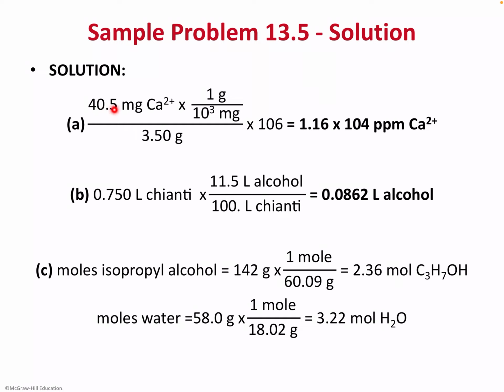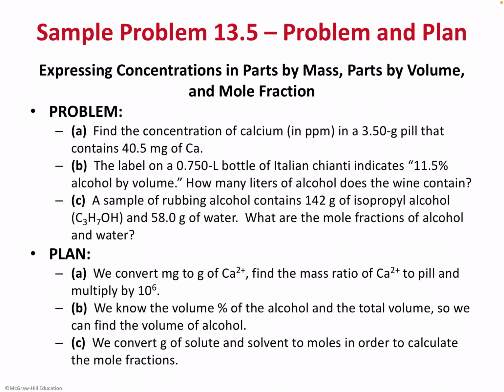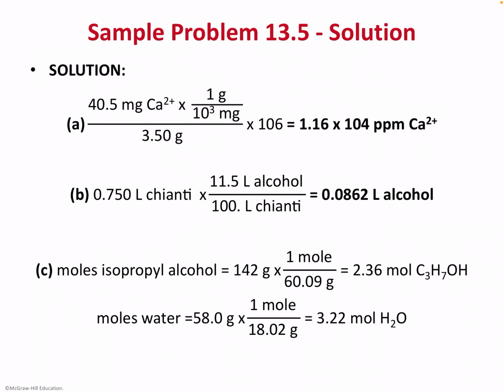First thing, convert 40.5 milligrams into grams. 1 gram is 1000 milligrams. Then you divide it by 3.5 grams, because this amount of milligrams is contained in a 3.5 gram pill. So you take this amount, convert to grams, and divide by 3.5 grams.